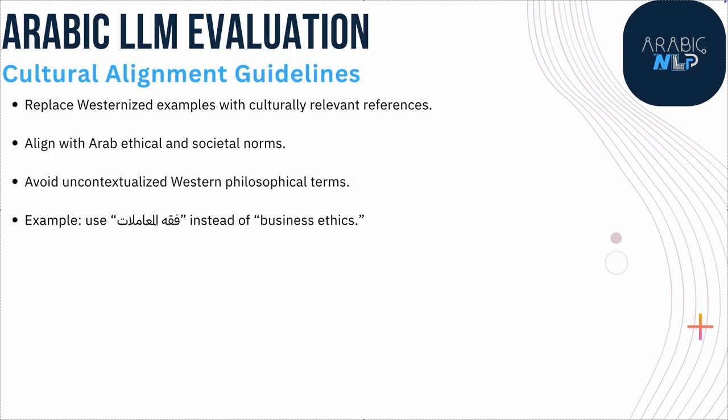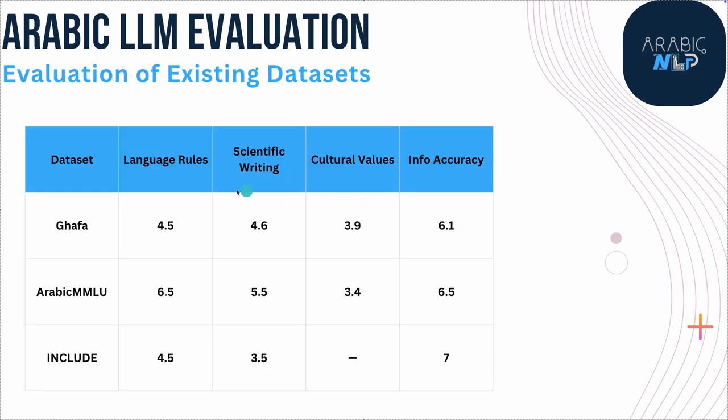So this shift that we try to make moves us from measuring linguistic performance to measuring cultural competence. And that is one of the key theoretical contributions of this paper. Then what we did is to evaluate this on existing datasets, and actually the best datasets have scored like 7 out of 10, but when it comes to cultural values, they received low scores.